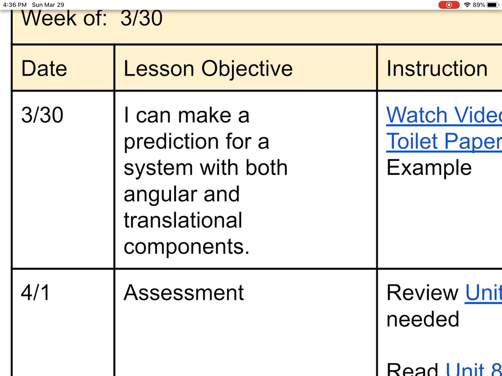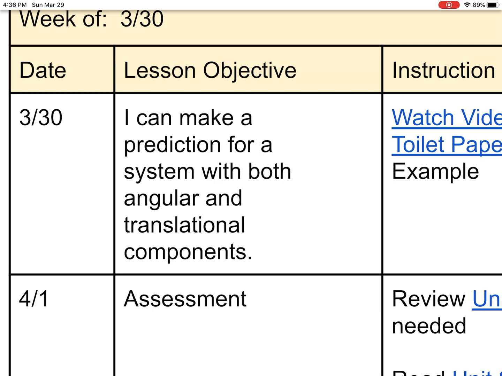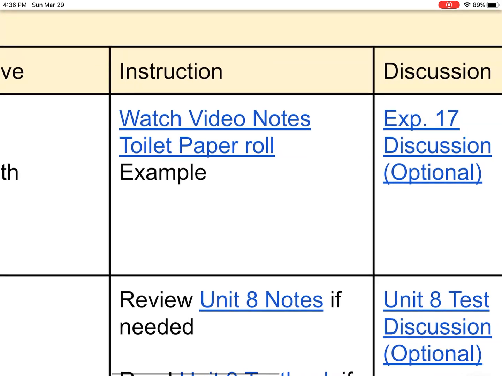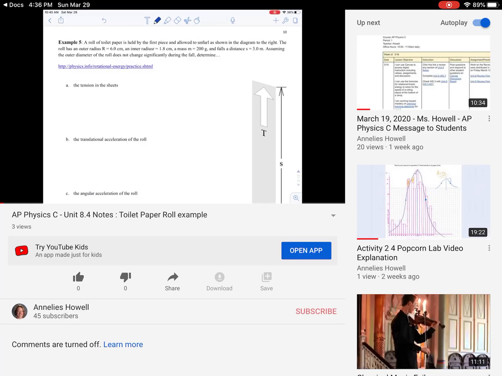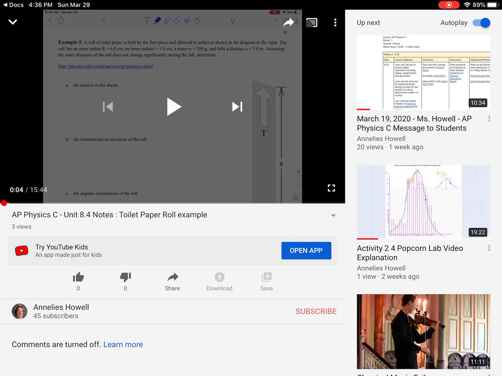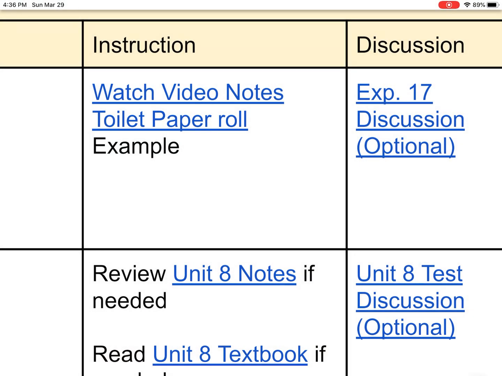So here we can see under Monday, March 30th, your objective is to make a prediction for a system with both angular and translational components. There are some notes I would like you to watch first. The notes are available in Canvas. We're going to finish up our Unit 8 notes. You can also click the link right on this document.